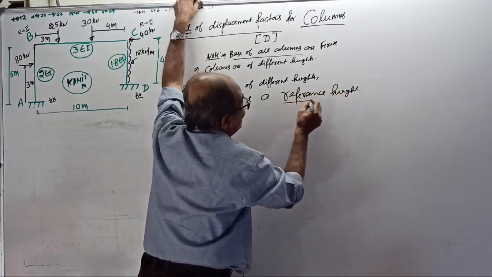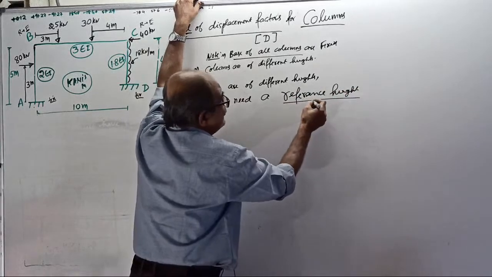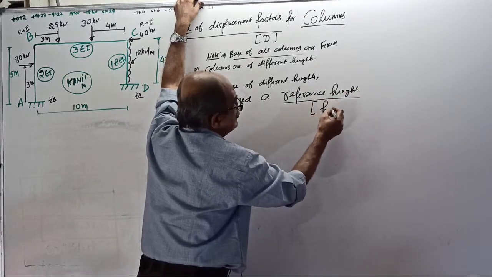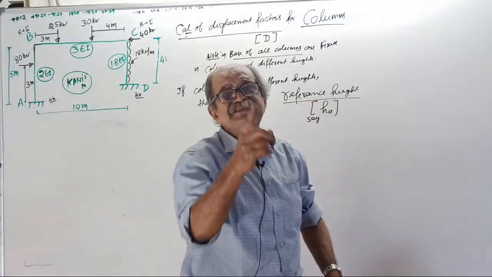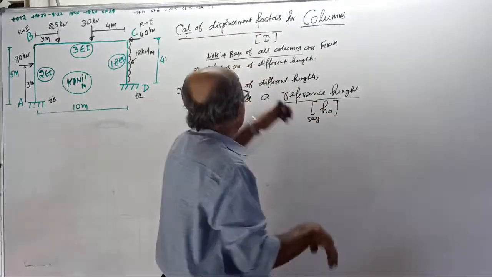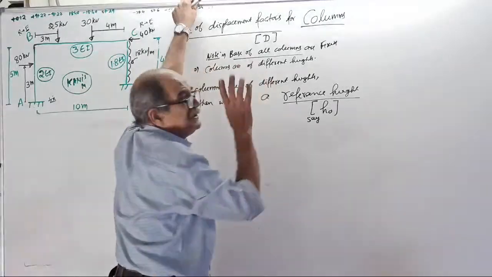The spelling problem. Okay. That reference height symbol is H0. Say H0. We need a reference height only when columns are of what? Different heights, right here.